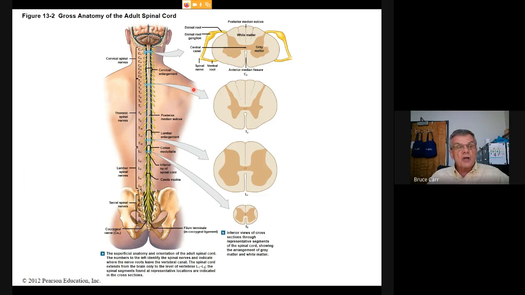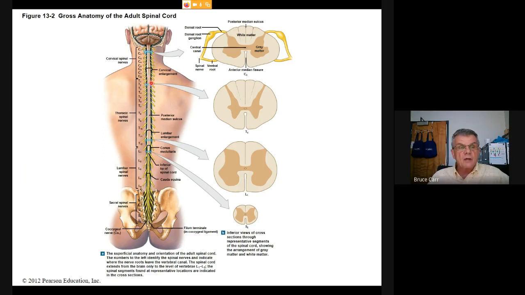The axis of the vertebrate body is formed by this vertebral column from the C1 through the S5 and coccyx. The arrangement of the spinal nerves and their numbering is reflective of the organization of the vertebra.